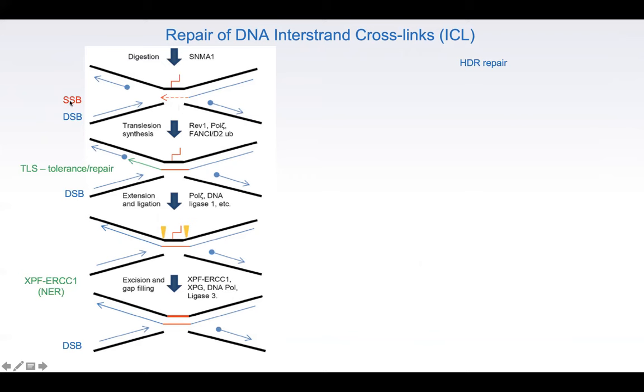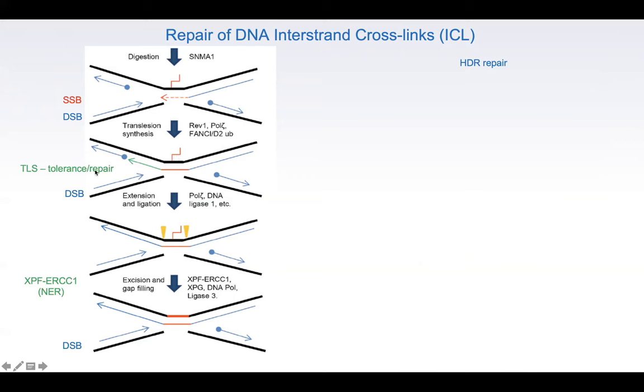Now, of course, a single-stranded break has to be repaired, and that's repaired through translesion DNA synthesis. Well, before that happens, cells use this strand, the damaged strand, to replicate the sister strand right here.